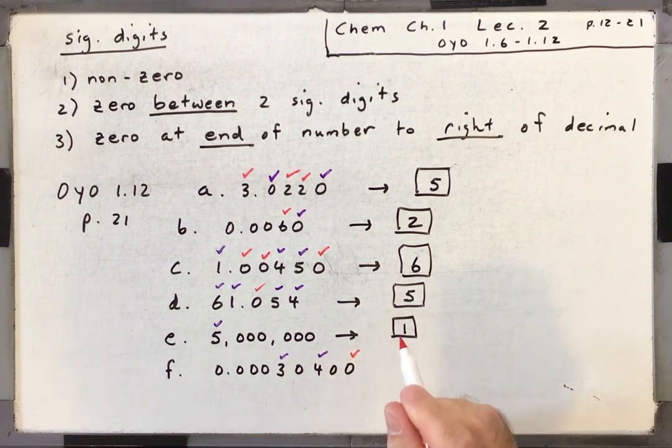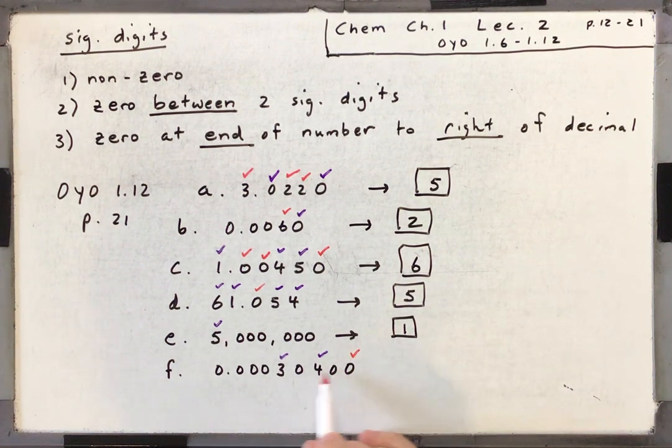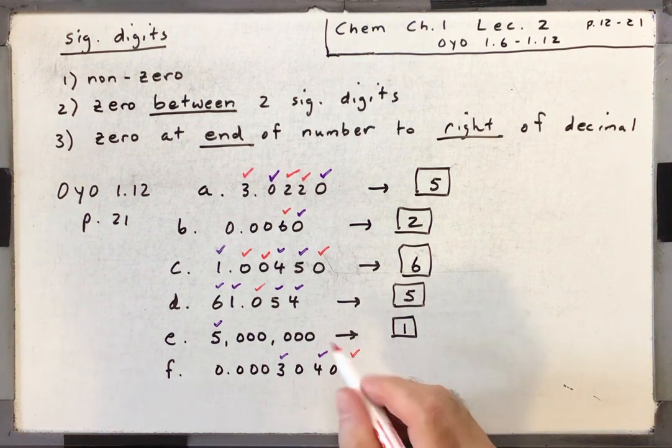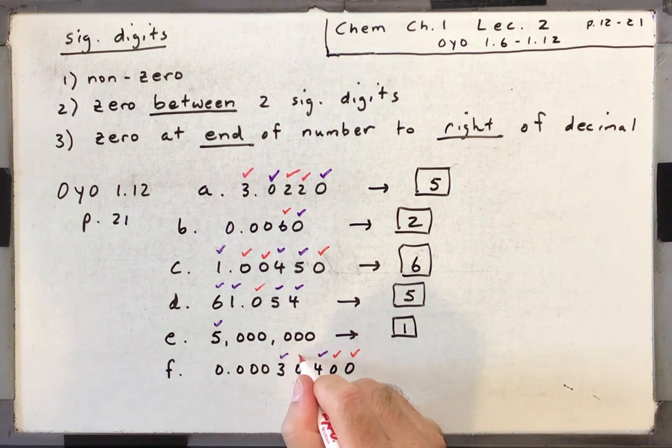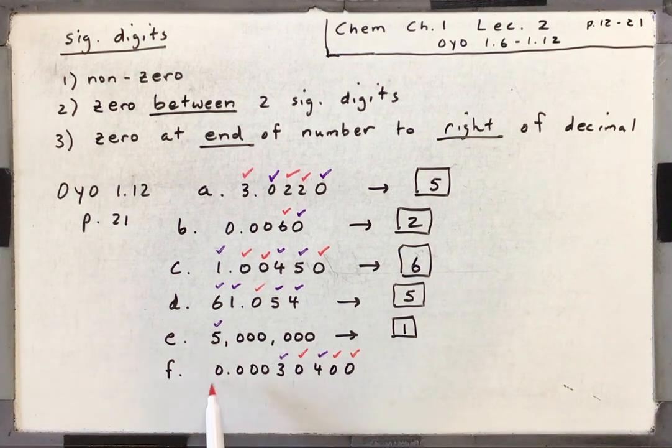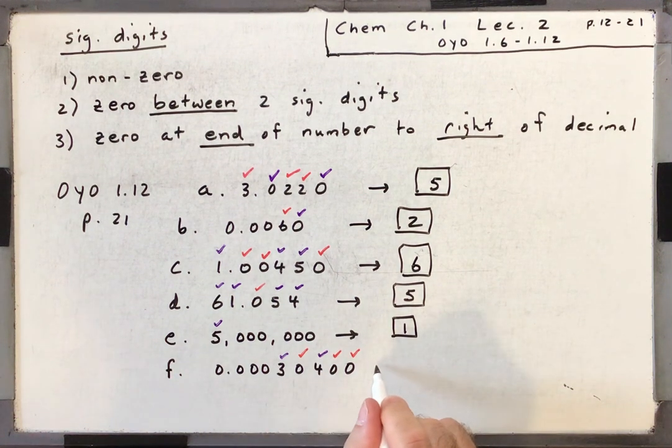Yes. What about the 0 in between these two? Well, they're both significant, so that one's significant. What about this 0 in between the 3 and the 4? It's between two significant digits, so that's significant. What about all these leading zeros? These zeros are not at the end of the number. None of these zeros are between other significant digits. So the answer is 5.